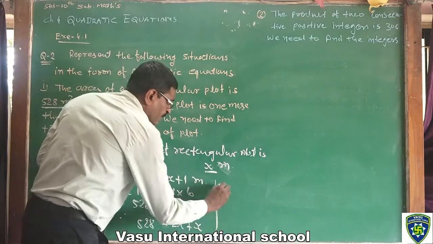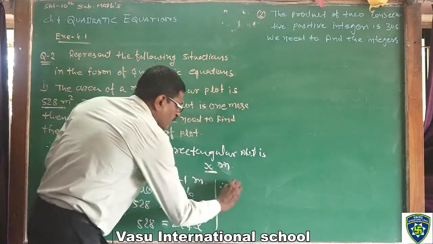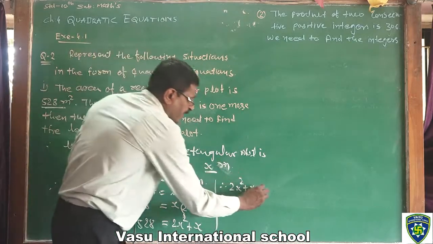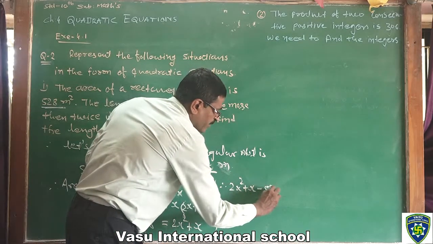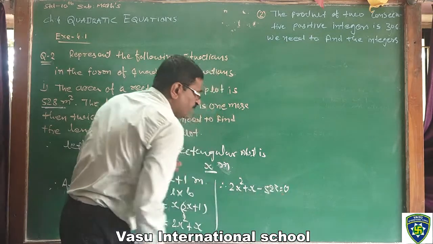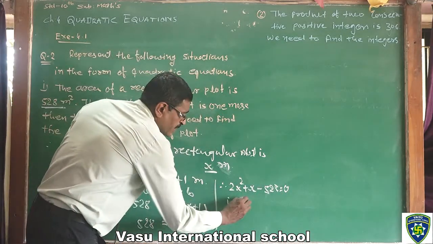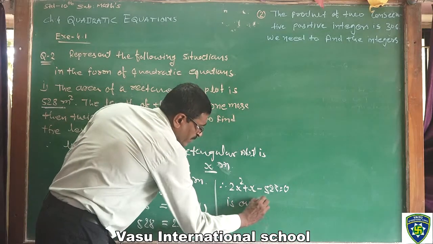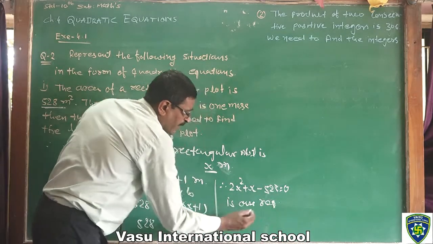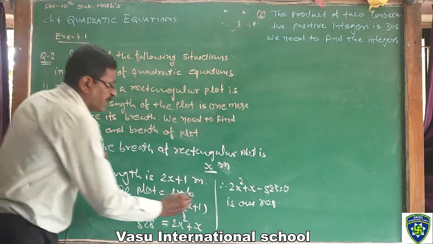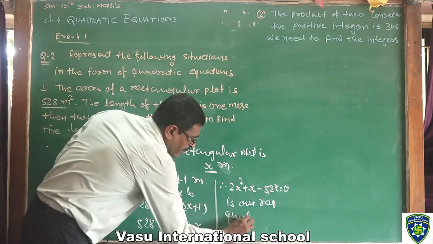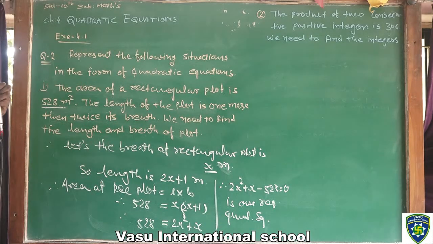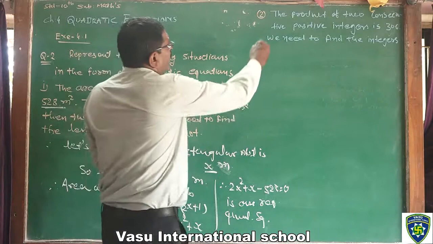Therefore, 2x square plus x, 528 goes to the other side, minus 528 is equal to 0 is our required quadratic equation. Clear, student?